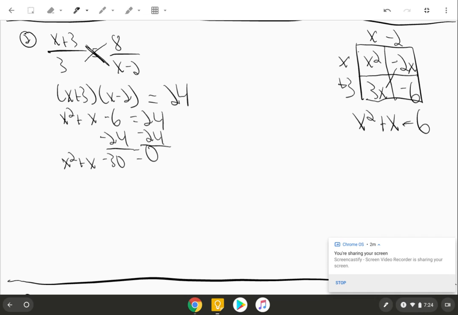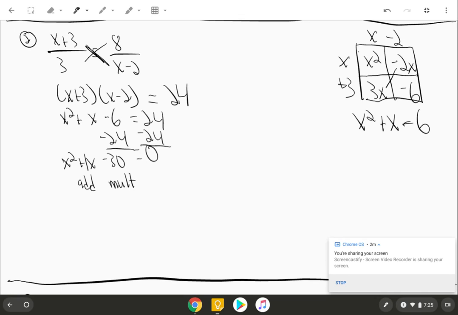Again, you could factor. You could also use the quadratic formula. I'm going to factor. Okay, so remember, this is a 1x. So factoring, remember, I'm going to do the add, multiply thing. Okay, so what adds up to positive 1 and multiplies to negative 30? That's going to be, let's see, negative 6 and positive 5. That won't work.